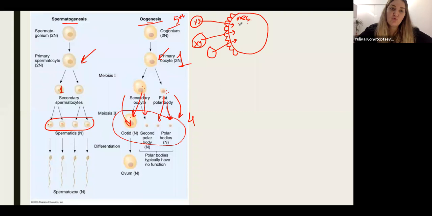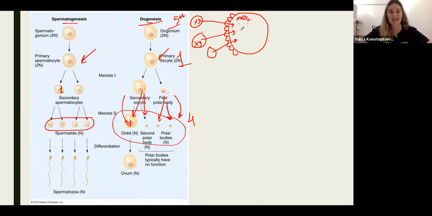Because they want to make as many replicas of themselves as possible. The amount of PGCs coming to the gonad is very, very little, so they want to make as many copies of themselves as possible to fill up the space in the gonad itself. So in the 5th week, PGCs carrying XY chromosome come into the gonad and divide mitotically.